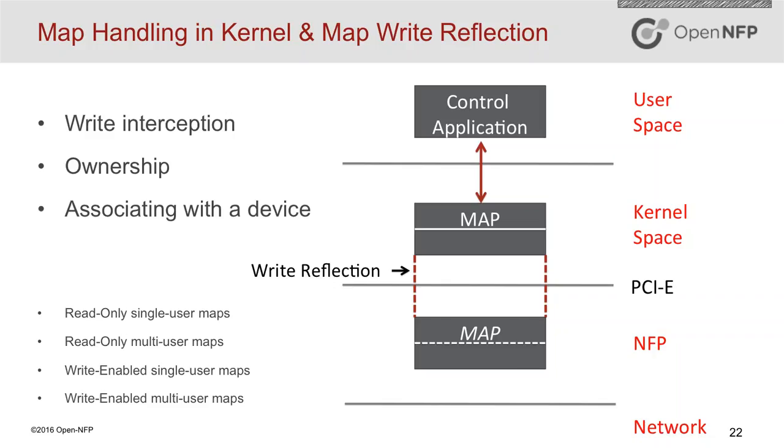And if the BPF program is the only user of the map, it's fairly straightforward to support. We have to just add a hook point in the map write path in the kernel and reflect all the writes into the hardware so that the hardware has a consistent copy of the map for its use. The same for multi-user maps.